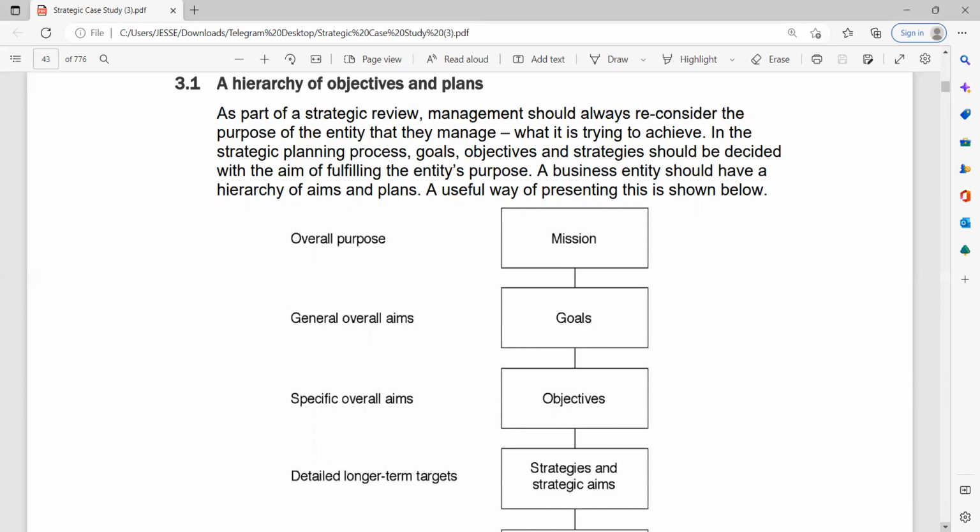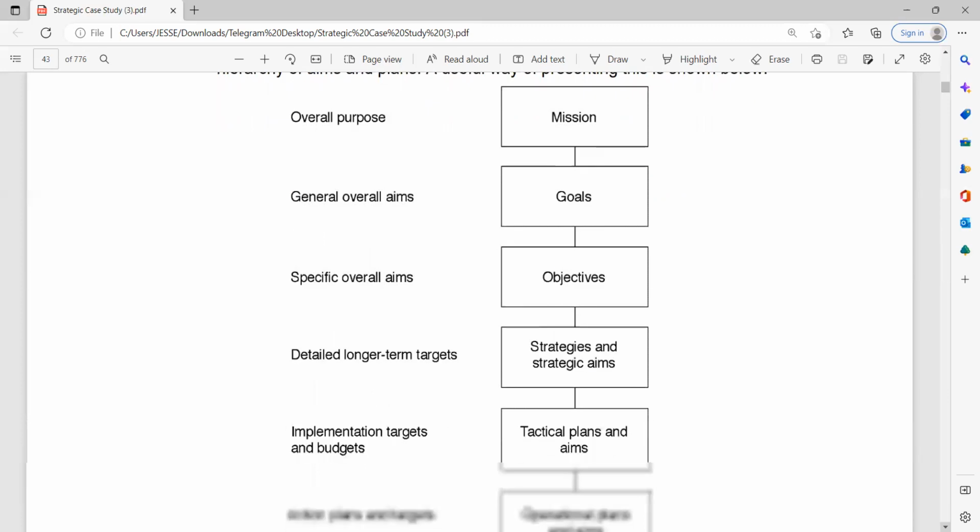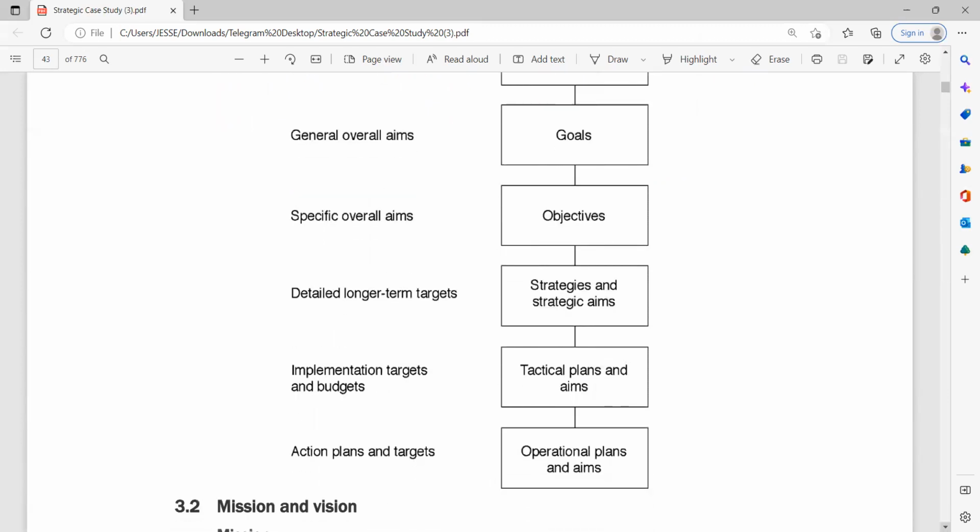Then you have objectives, which are specific aims. Then you have strategies and strategic aims, which are long-term targets. Then you have tactical plans, and then operational plans.